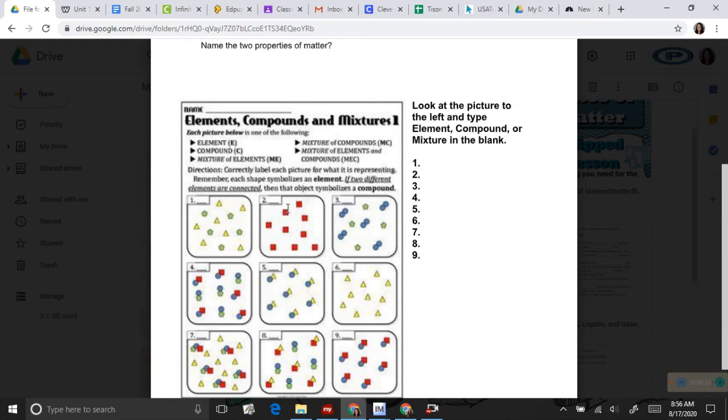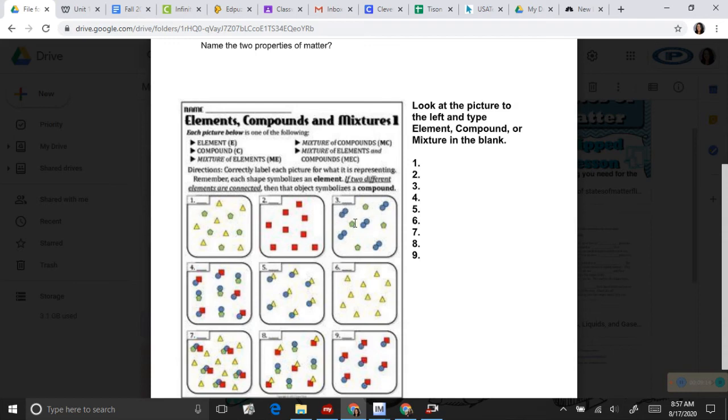Number two, for example, has just red blocks, all the same. So that would be just one element. Now, when you see two of them combined together, these two blue dots, okay, that's one compound.